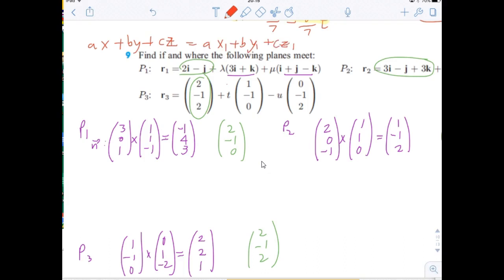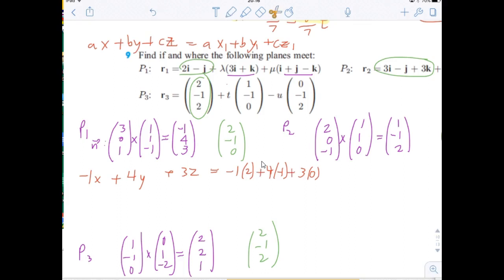So this first one, I'm going to put the normal vector, which is negative 1, 4, 3, and equals negative 1, 4, and 3. And what am I going to multiply times each one of these coefficients? I'm going to multiply x, y, z, and add them all together. And I'm going to multiply the green position vector 2, negative 1, 0, and add them together.